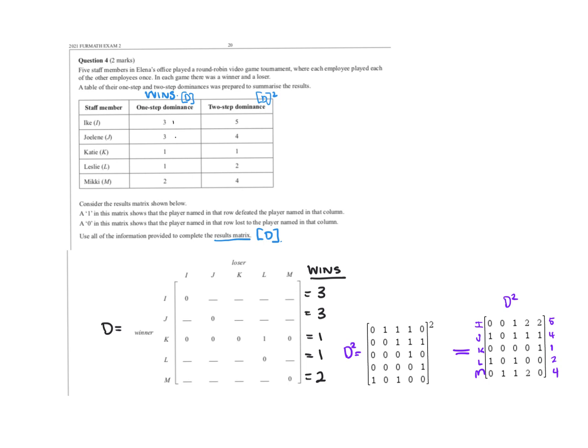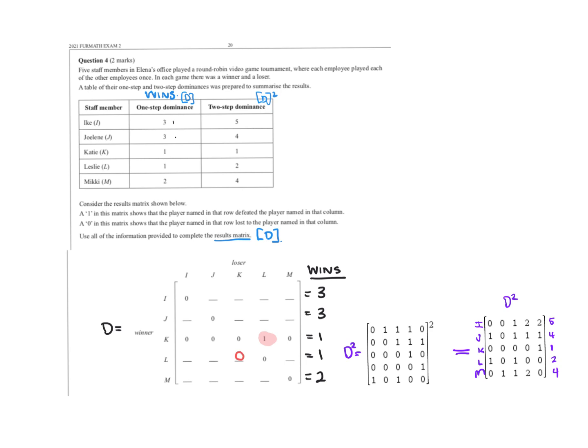So, first of all, I'm going to highlight this one. So we have a 1 here. What we can see is Katie beat Leslie. Now, if you look, Leslie only had 1 win. If Katie beat her, then we need to put a 0 here.